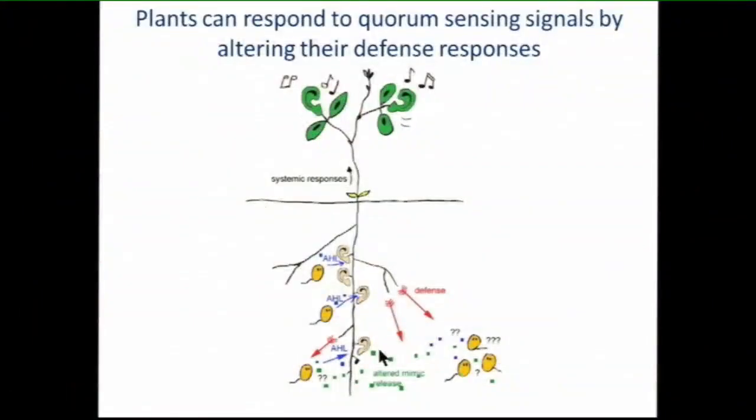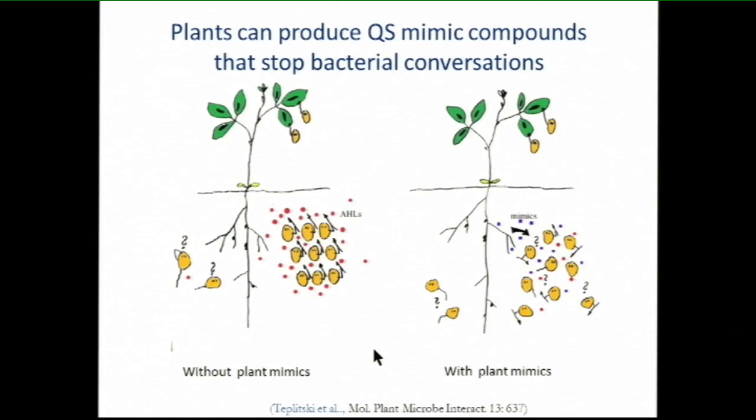And another interesting aspect that happens is that the plants actually decide to interfere with this communication. So they produce mimic signals that mimic the bacterial communication signals. And these mimic signals have been detected, not identified yet, detected in many plants. And they could basically, some of them work as agonists and some as antagonists of these bacterial quorum sensing signals.